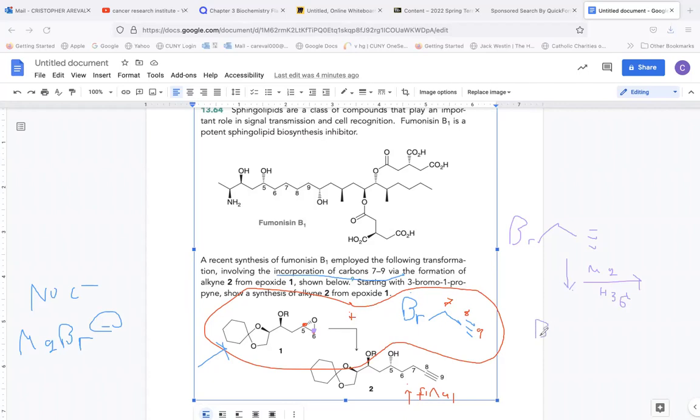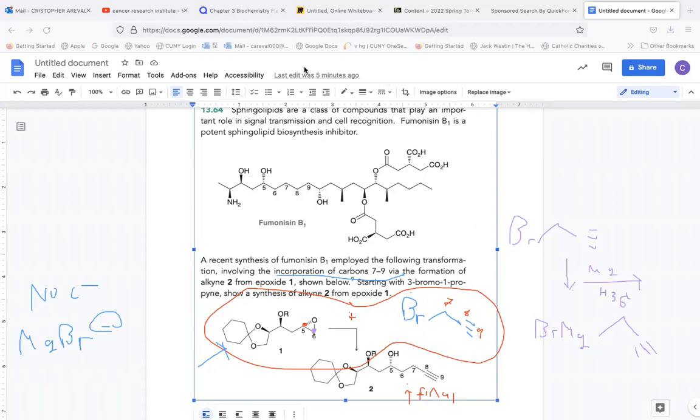If anyone's confused, I get it, but it's one of the assigned problems. So now we have a Grignard. We showed that. That's what we had.